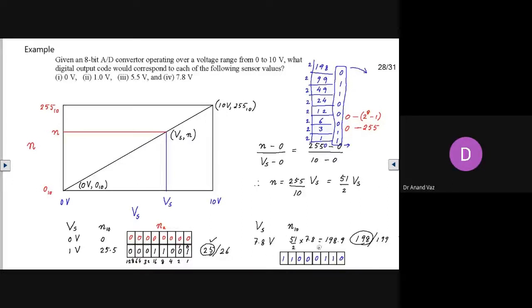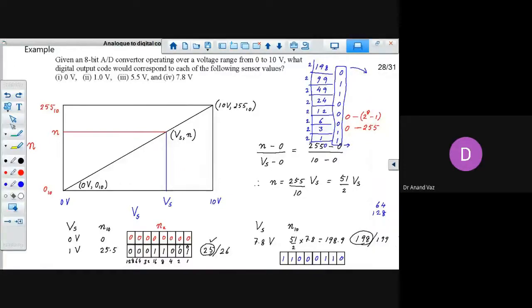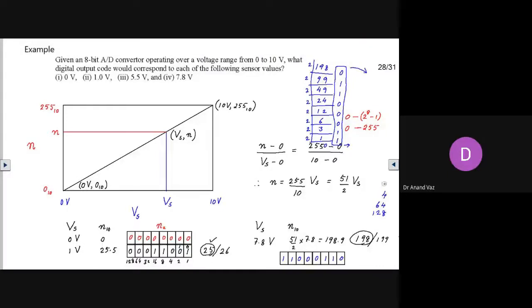So we are going to add here 128 and 64 and 4 and 2.